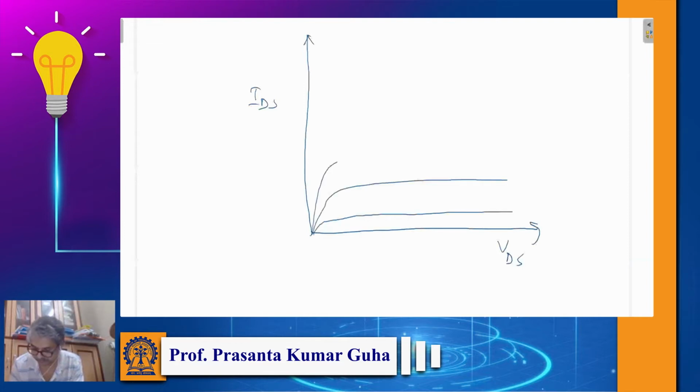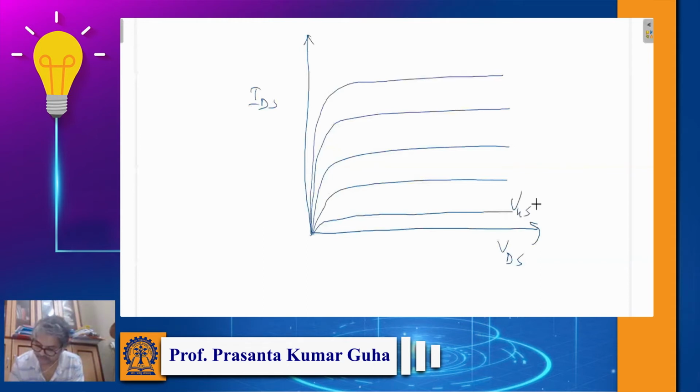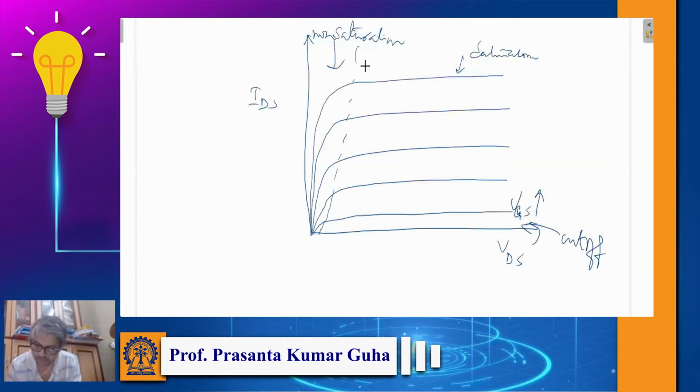This region is cutoff, this is the non-saturation or triode region, and this is the saturation region. Here this is VDS sat, which is VGS minus VTH.